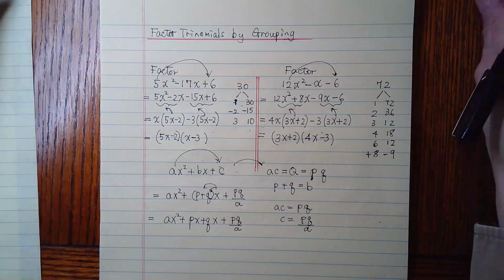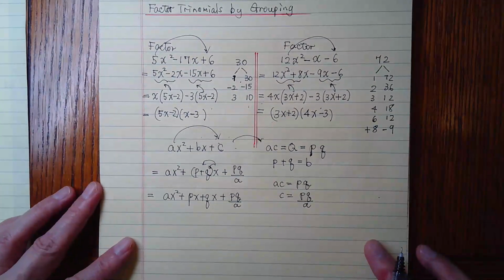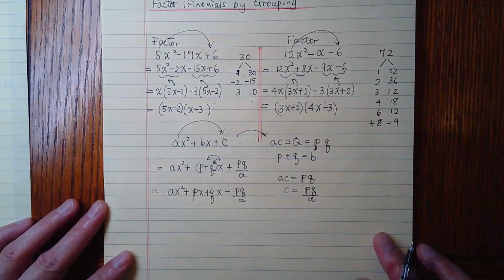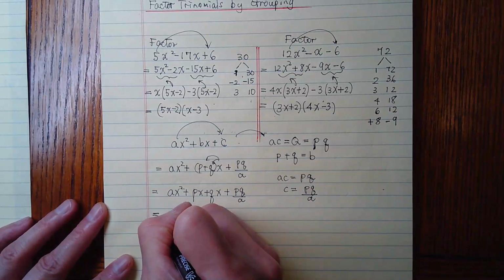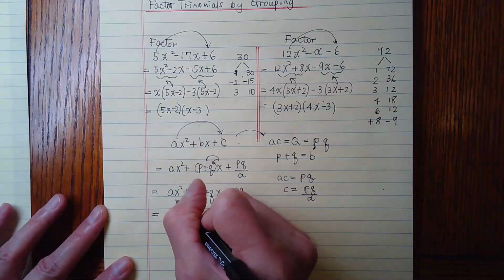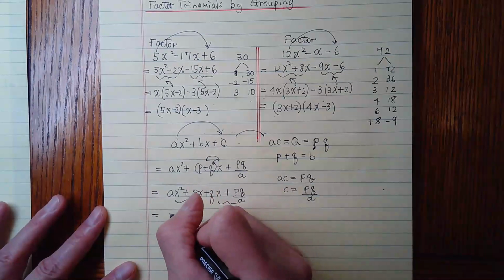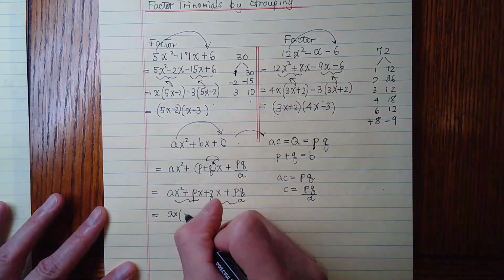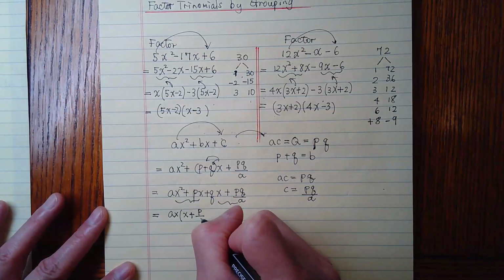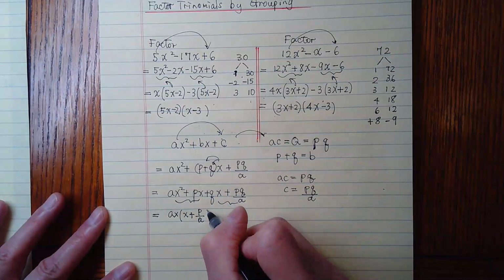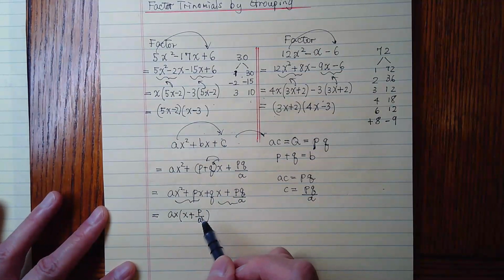All right. And now what do we get? We're going to make two groups here. In the first group, we're going to pull out ax. Once you pull out ax, you have x plus p over a. ax times p over a will give you px.